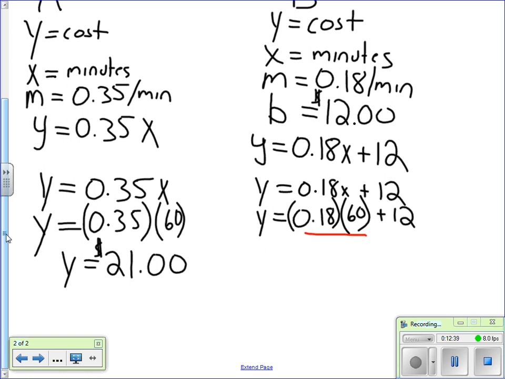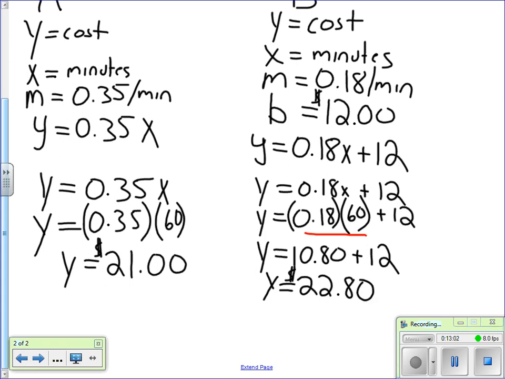So when I take 60 times 0.18, I get y is equal to 10.80 plus 12.